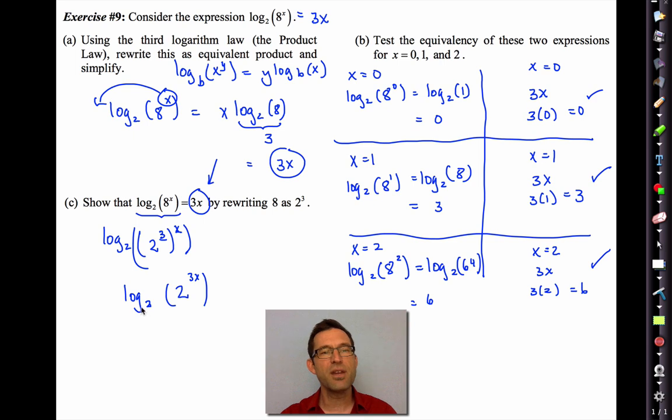But then by definition, the log base 2 of 2 to the 3x must be 3x, because ultimately if I'm asking what do I raise 2 to get 2 to the 3x, well, then the answer must be 3x. Isn't that cool? Totally different way of looking at it. Well, maybe not a totally different way. All right. Pause the video now, write down anything you have to, and then we'll wrap up the lesson.